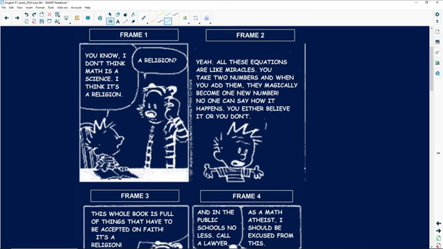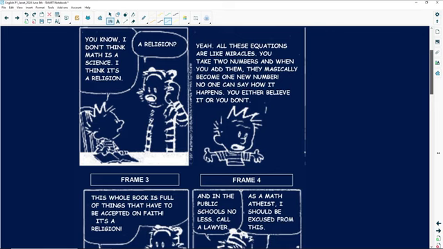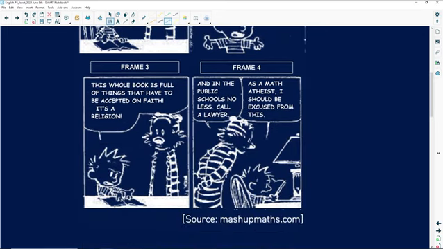In frame 2, Calvin says equations are like miracles, talks about the magic of addition, and ends by saying you either believe it or you don't. Then in frame 3, he's pointing at his book full of things have to be accepted on faith.